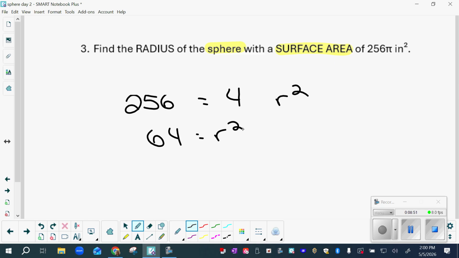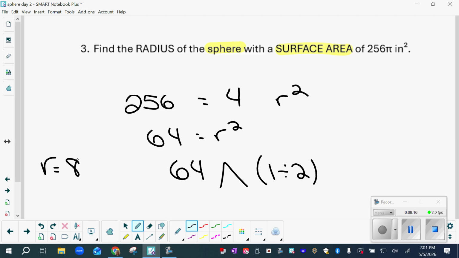Now, I'll be honest, most of you should be able to do that in your head. What times what gives you 64? But if not, you could square root it, right? Or you could do the 1/2. Any time from here on out, to the 1 divided by 2 totally would work. Either way you do it, R is 8.